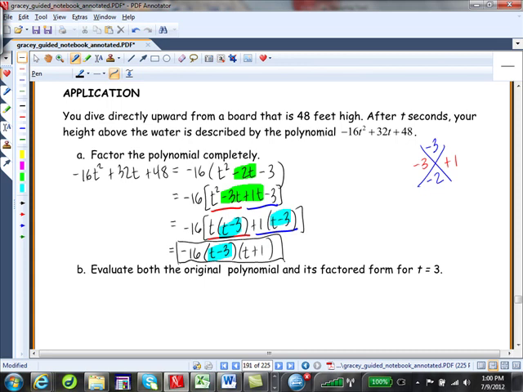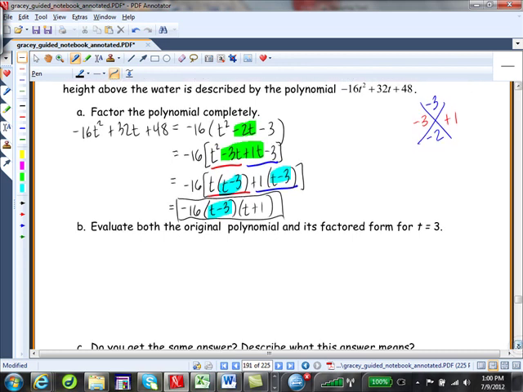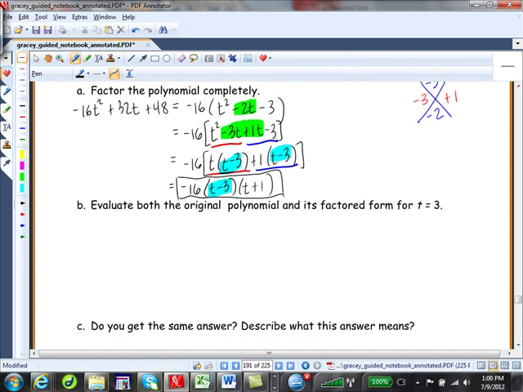Okay, now we're going to take the original polynomial and the factored polynomial and evaluate it at t equals 3. So I'll just put in the middle at t equals 3. This one we had -16 times 3 squared plus 32 times 3 plus 48 is equal to -16 times 9 plus, I believe that'll be 96 plus 48.